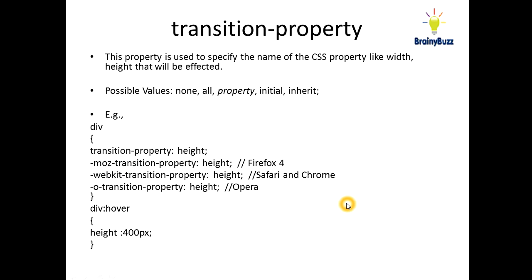If you're using Safari or Chrome, then you have to append -webkit, or if it is Opera, then you have to mention -o. Supposing you don't know on which browser your application will run, you have to include each and every line over here, because you do not know what the user might use.